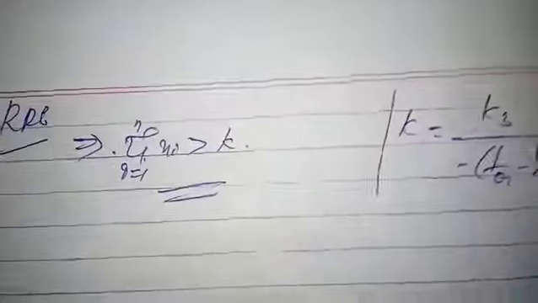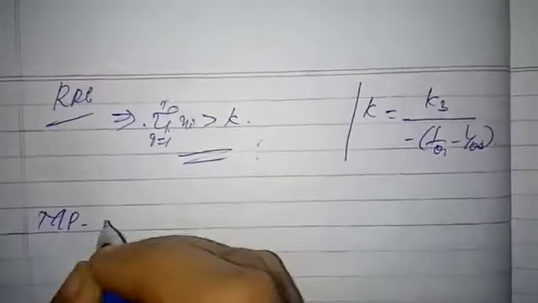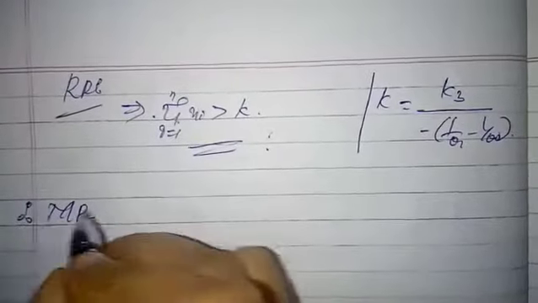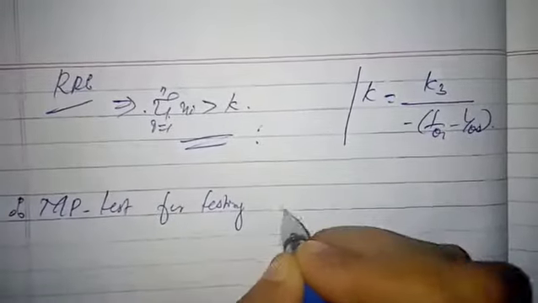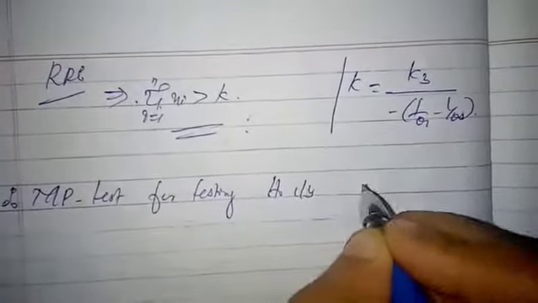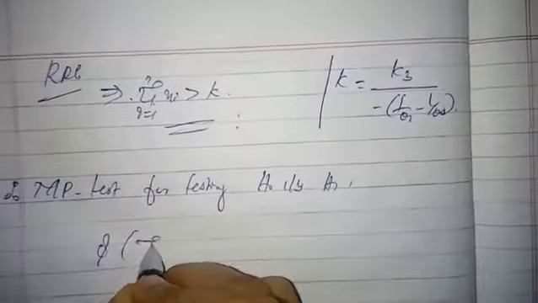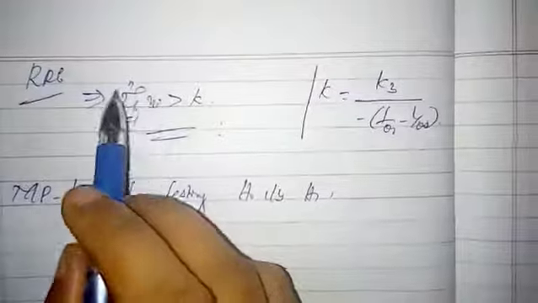Here it is a function of a random variable, right. Then we have to write the most powerful test. Therefore, the most powerful test for testing H naught versus H1 is phi of the function of the random variable, that is summation xi.